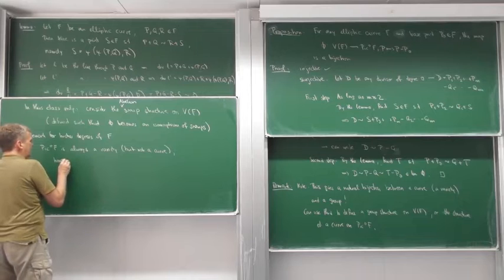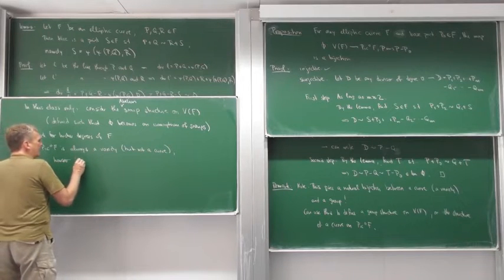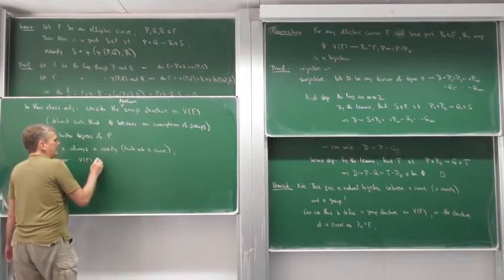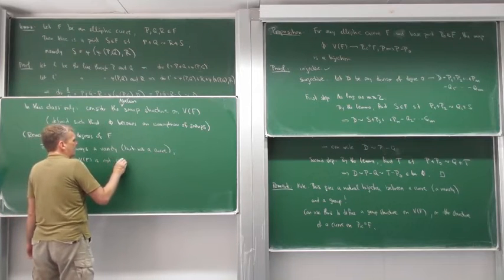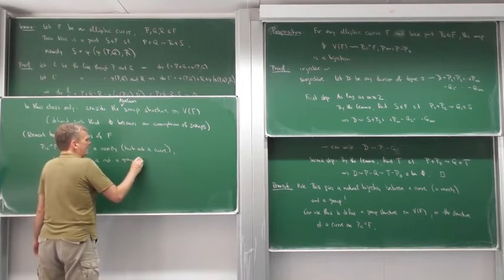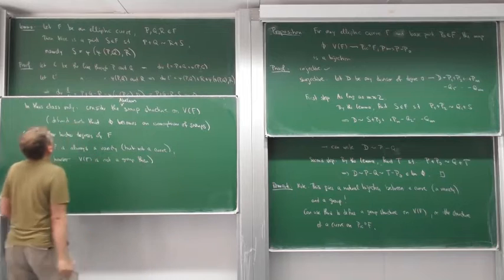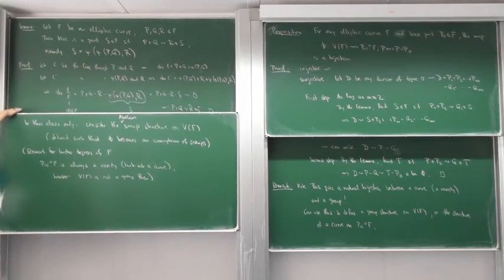However, V of f is not a group then. So the group structure is really very special to the degree 3 case, but the other would still be true.